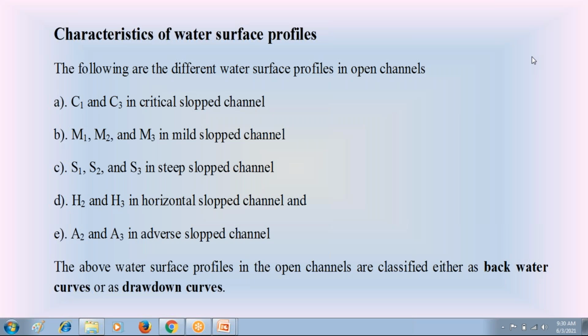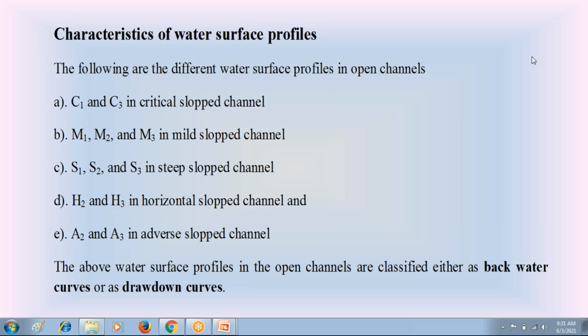And if I take M2 in the mild slope channel, M2 is a falling water surface profile. Similarly S2, H2 and A2 are all falling water surface profiles.